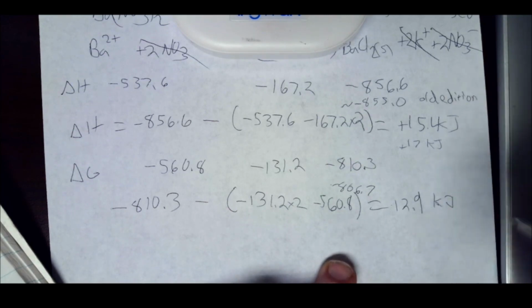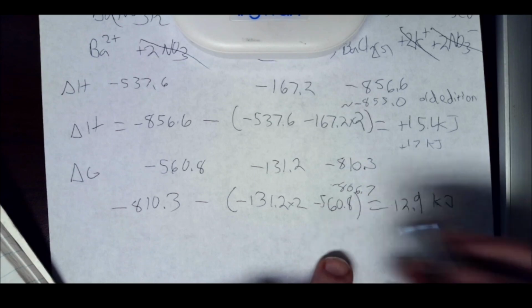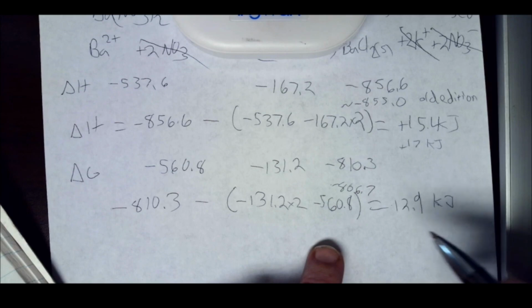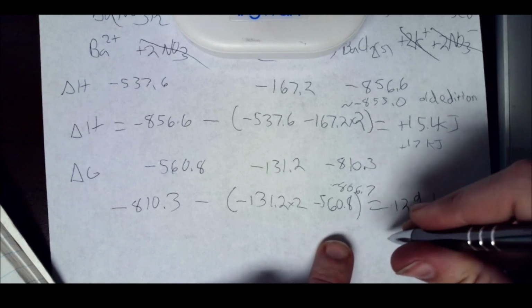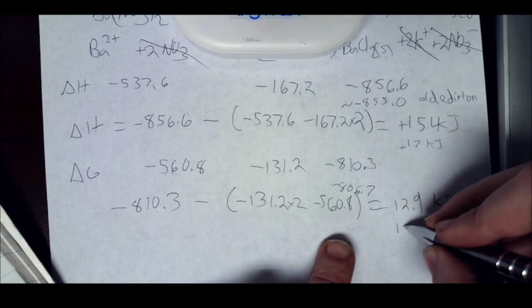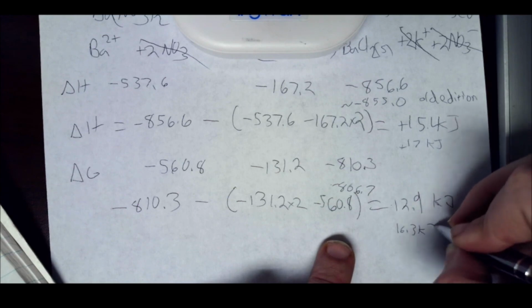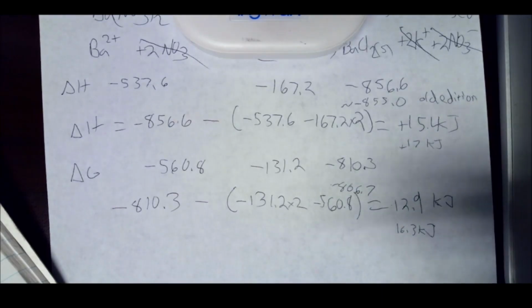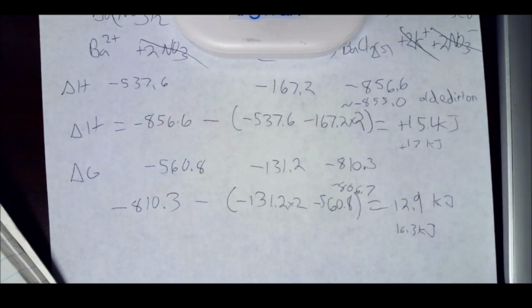And of course, if you use the 806 instead of 810, you're off by a little bit and you get like 16.3 kilojoules. So very silly, but surprisingly easy. Just you got to look up your aqueous ions. Now, we could have added the potassium, we could have added the nitrate, but since they're on both sides, they would just cancel out.